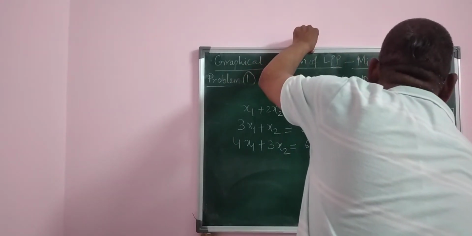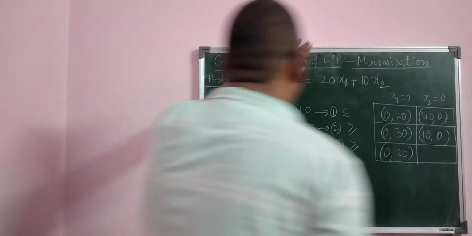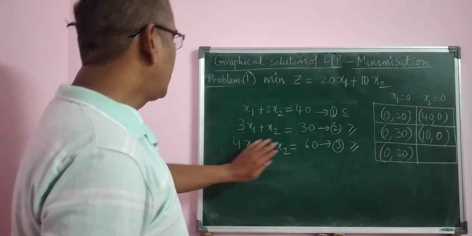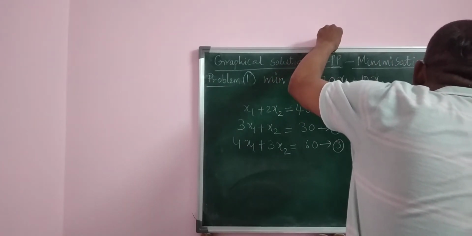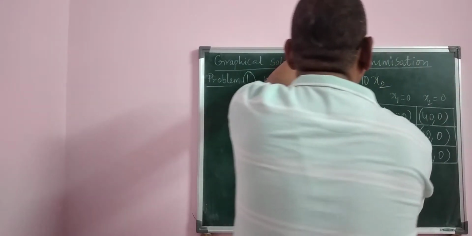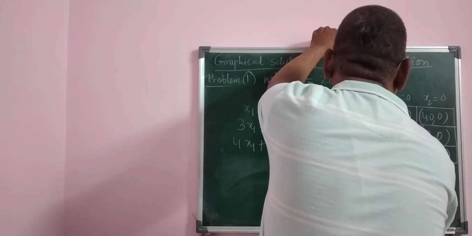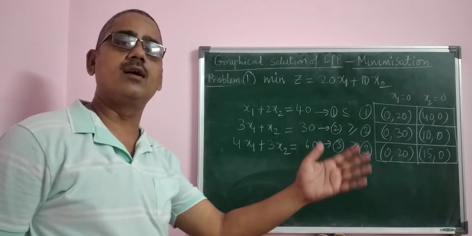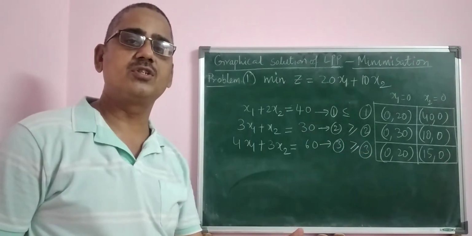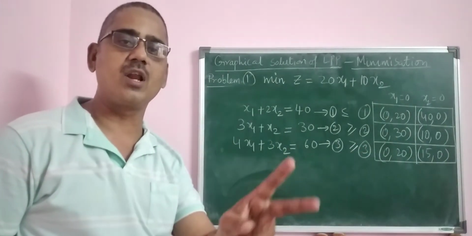So it is 0, 20. If x2 is equal to 0, then 4x1 is equal to 60, x1 is equal to 60 by 4, 15. So hence it is 15, 0. These are equations 1, 2, 3. Now we have obtained two particular points for all the equations.